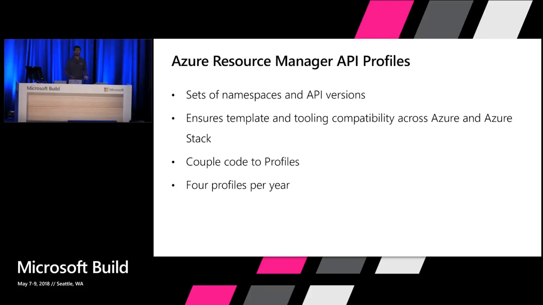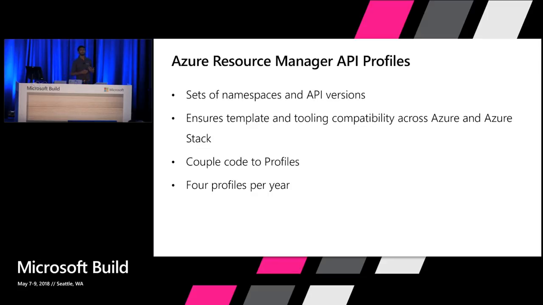We've come up with a concept we called Azure Resource Manager API profiles. These are a set of namespaces and API versions that are tied together. So all you have to know is the name of the profile, and you get access to a list of API versions. This allows us to make sure that template and tooling is compatible across Azure and Azure Stack.